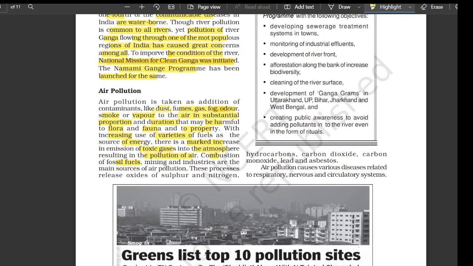Combustion of fossil fuels, mining, and industries are the main sources of air pollution. These processes release oxides of sulfur and nitrogen, hydrocarbons, carbon dioxide, carbon monoxide, lead, and asbestos. Air pollution causes various diseases related to respiratory, nervous, and circulatory systems.